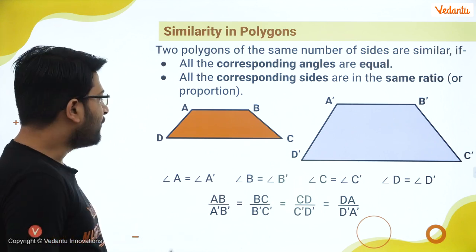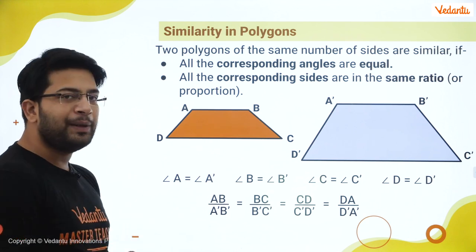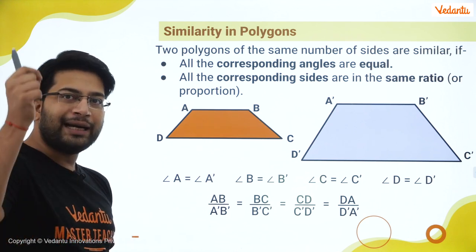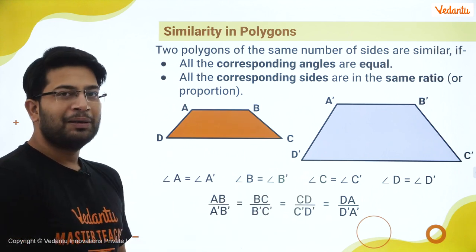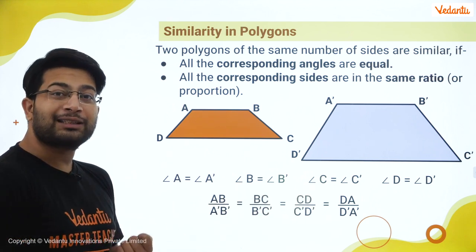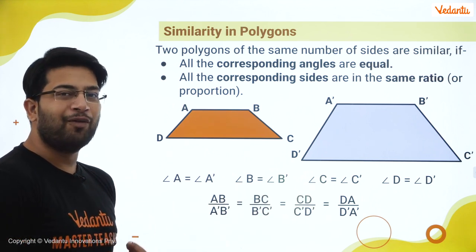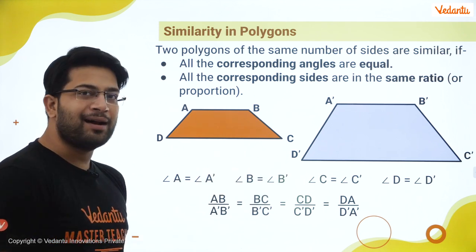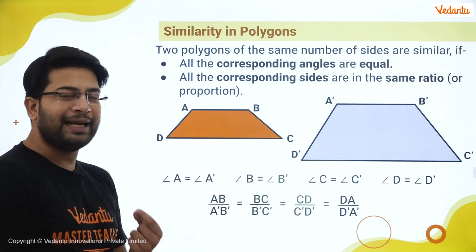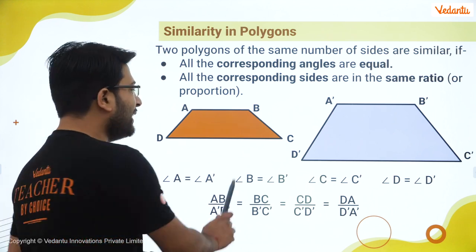That means if AB upon A dash B dash is in the ratio of 1/2, then the ratio of all the corresponding sides will also be 1/2 only. So two similar figures have the same angles and the sides are in the same proportion. I hope it is clear.